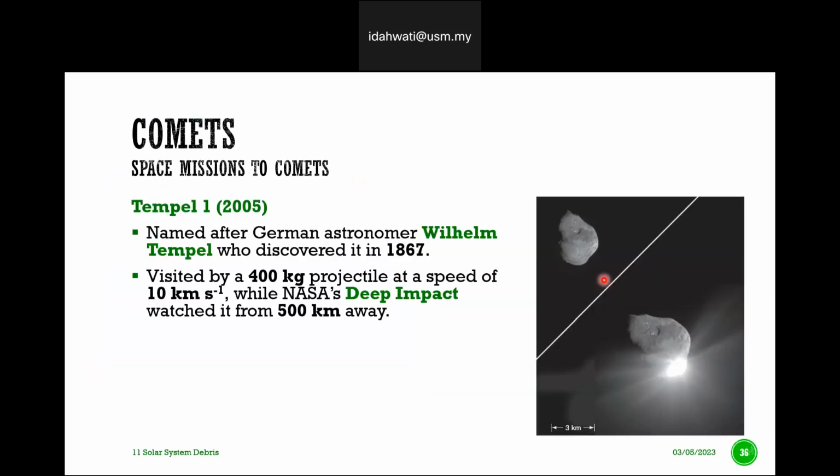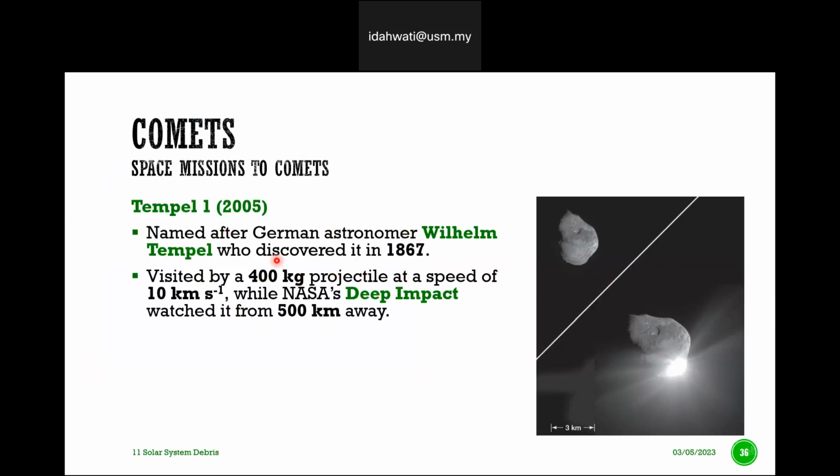Now is Tempel 1, named after the German astronomer who discovered it in 1867.